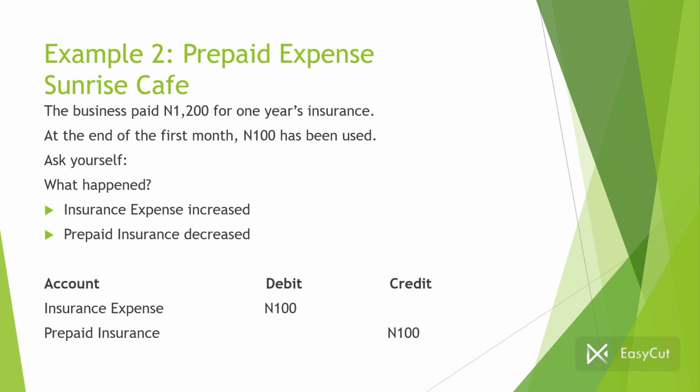Let's take our example. The business paid 1,200 naira for 1 year's insurance. At the end of the first month, only 100 naira has been used. It means we still have a balance of 1,100 naira that we have not used.